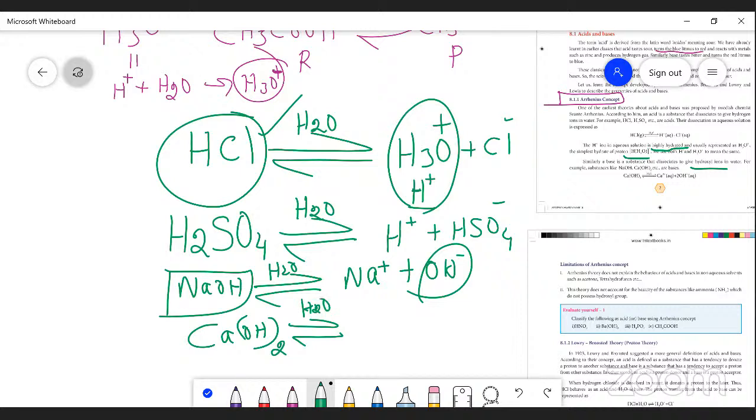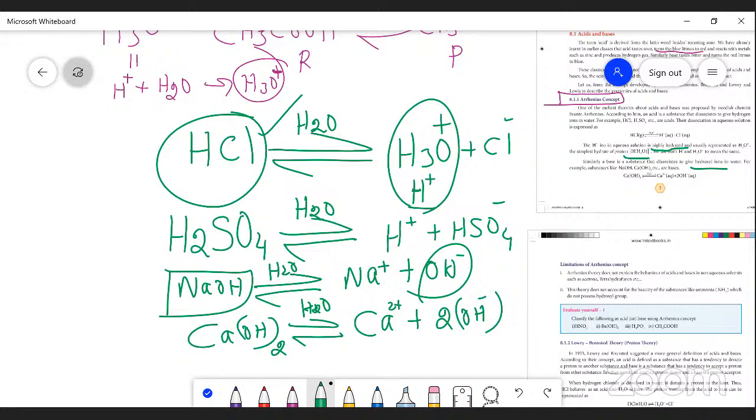In water, it will give Ca2 plus and 2OH minus. Since there are two OH groups, it generates 2OH minus. Now it's clear, according to Arrhenius, what is called an acid and what is called a base.